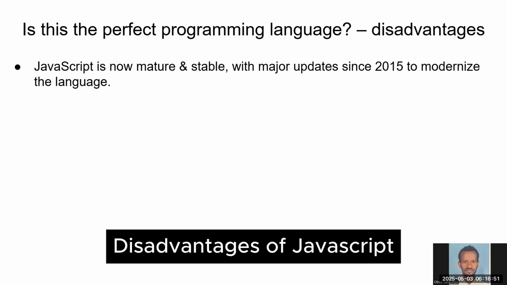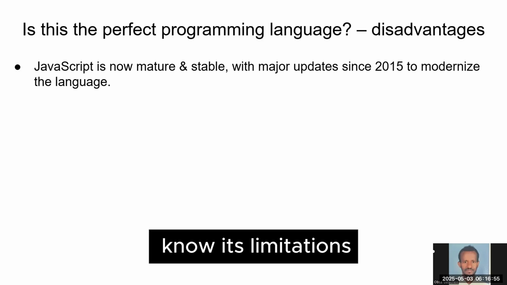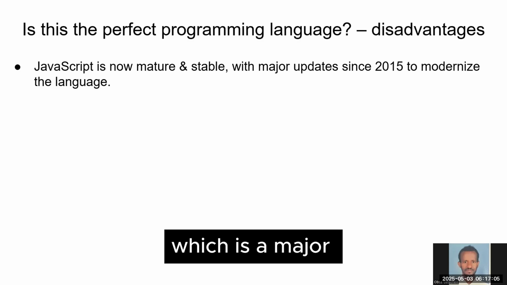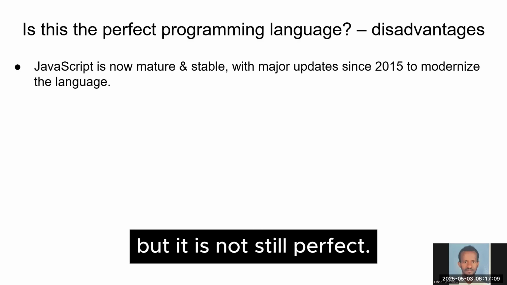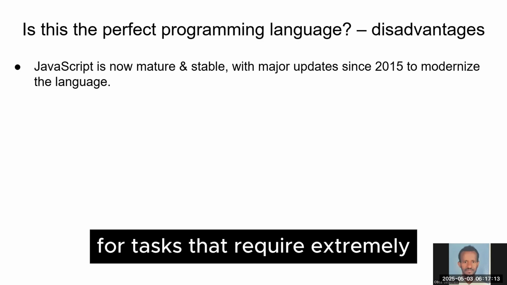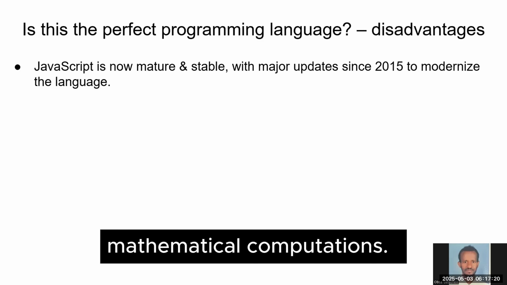Disadvantages of JavaScript. As much as we love JavaScript, it is important to know its limitations. JavaScript is now mature and stable, with a major update since 2015 to modernize the language, but it is still not perfect. For example, JavaScript is not ideal for tasks that require extremely high performance, like advanced mathematical computations.